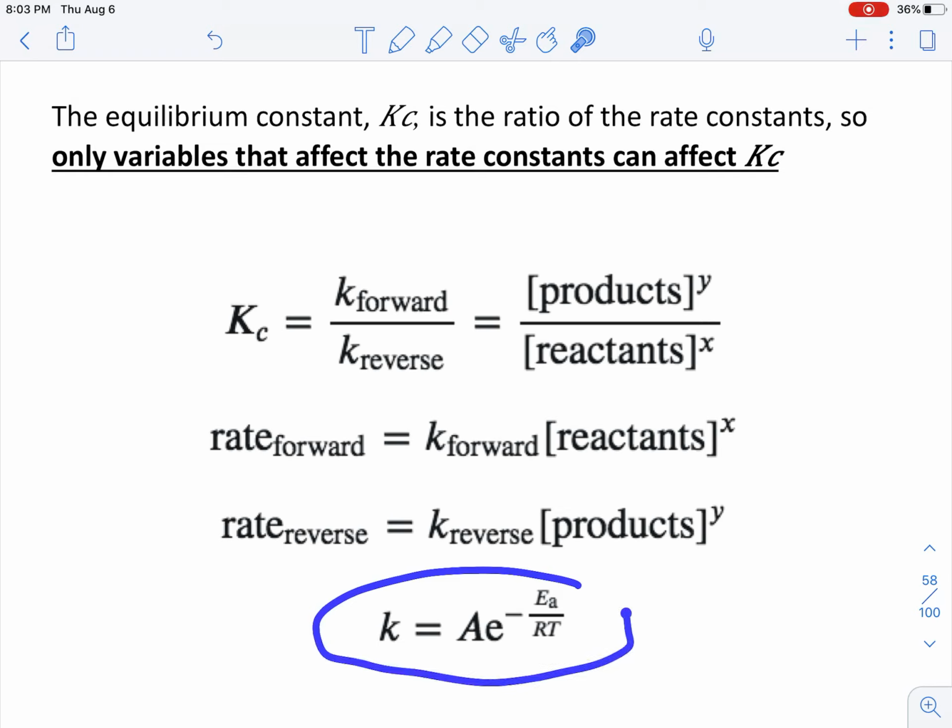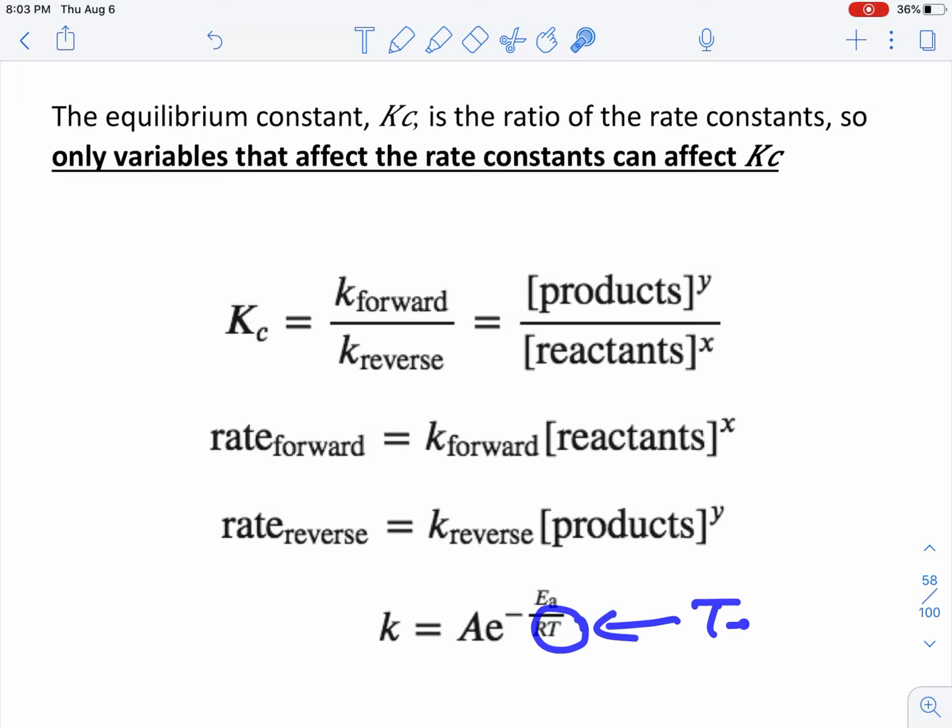Now, according to the Arrhenius equation, the rate constant is affected by changes in temperature. Looking at this Arrhenius equation, the pre-exponential factor A, the activation energy, as well as R, all three of these are constants. And this little e is an exponential, which is a function.